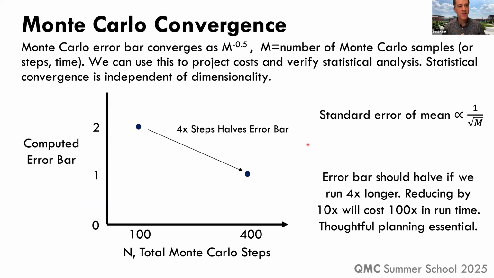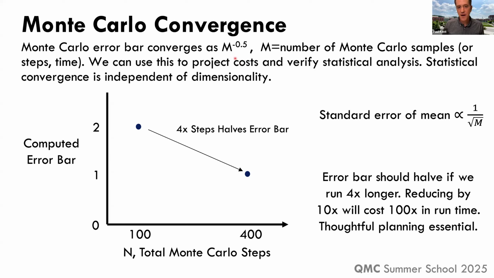Now, a note here on one very important difference between doing Monte Carlo and conventional self-consistent field calculations. The Monte Carlo error bar converges as 1 over the square root of the number of samples. And it does this independent of dimensionality, which is a little bit of the magic of Monte Carlo.